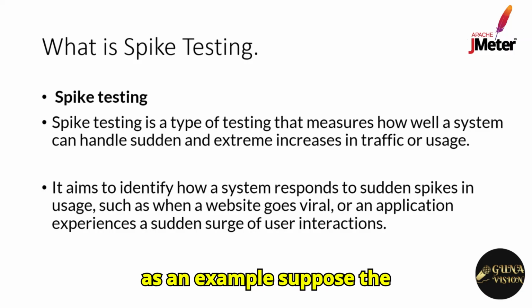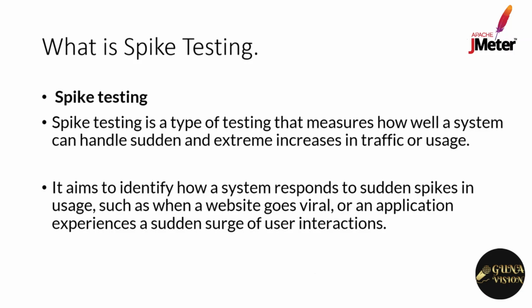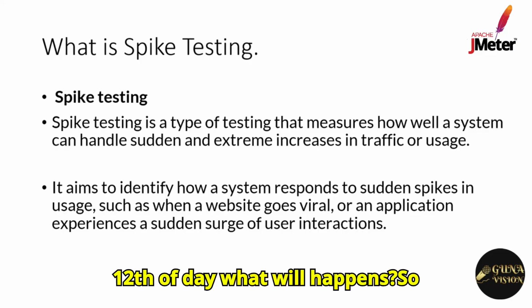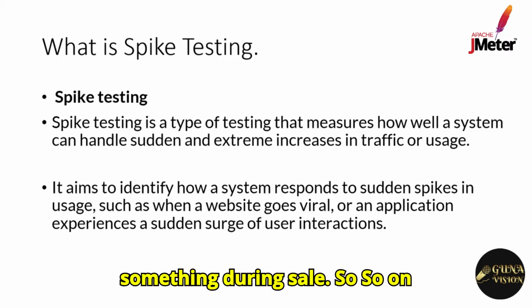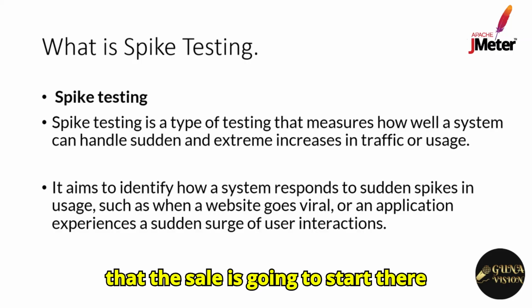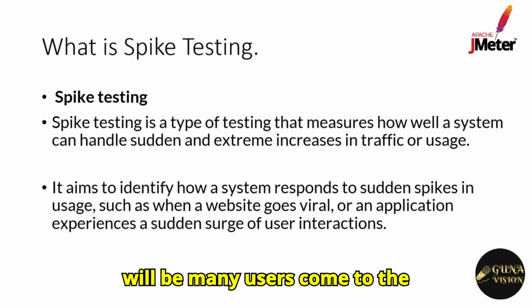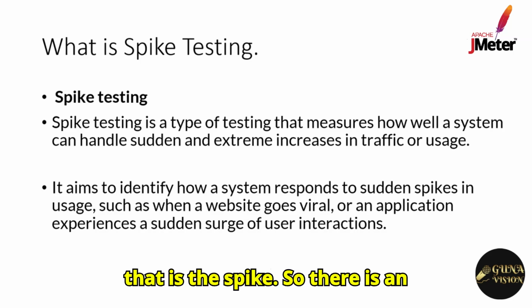So this is a real life scenario. As an example, suppose a sale is going to start on the 12th. On the 12th, there will be users who want to purchase something during the sale. At the time the sale starts, many users come to the website. So that is the spike.